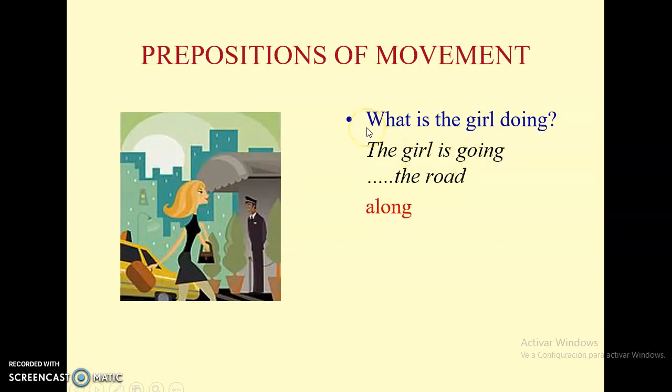Okay, when you talk about along, it is another preposition of movement. In this case, we will talk about the idea that this person is moving in one direction, right? So you can say the girl is going along the road.